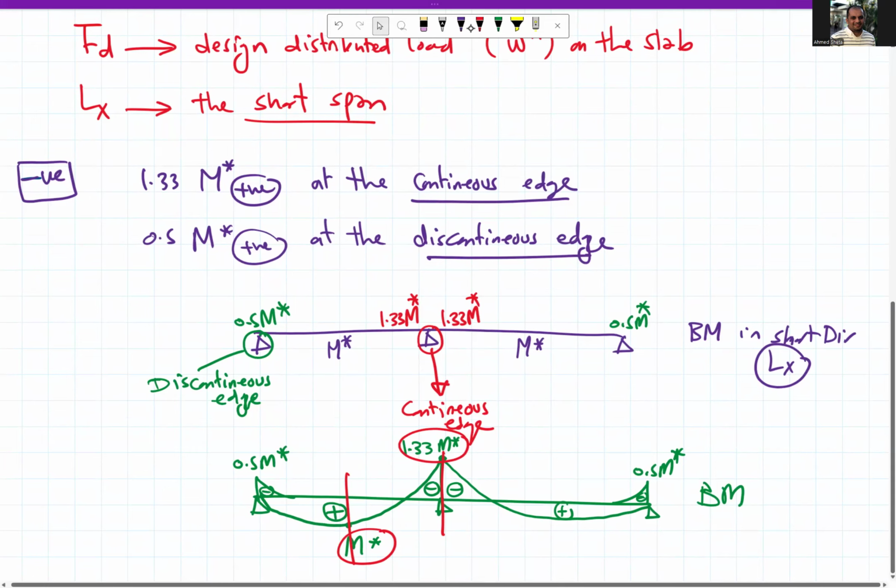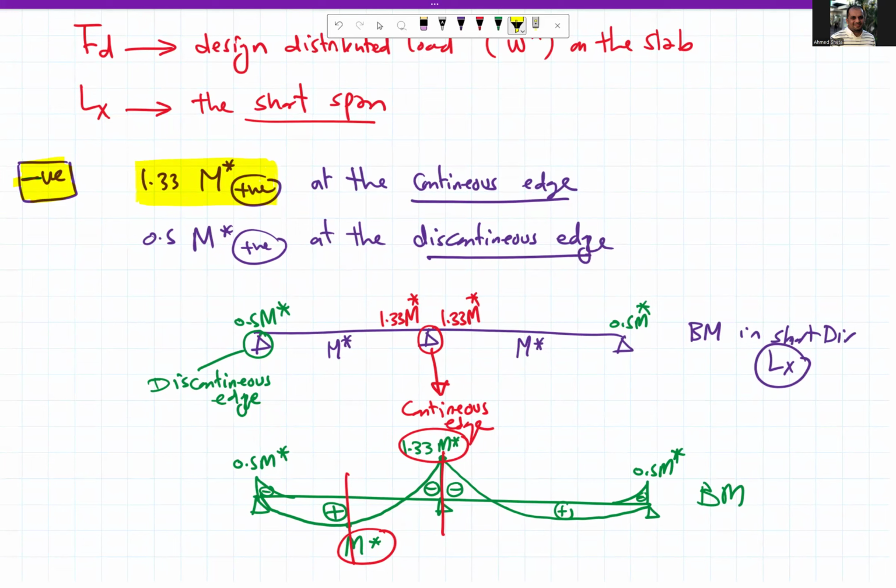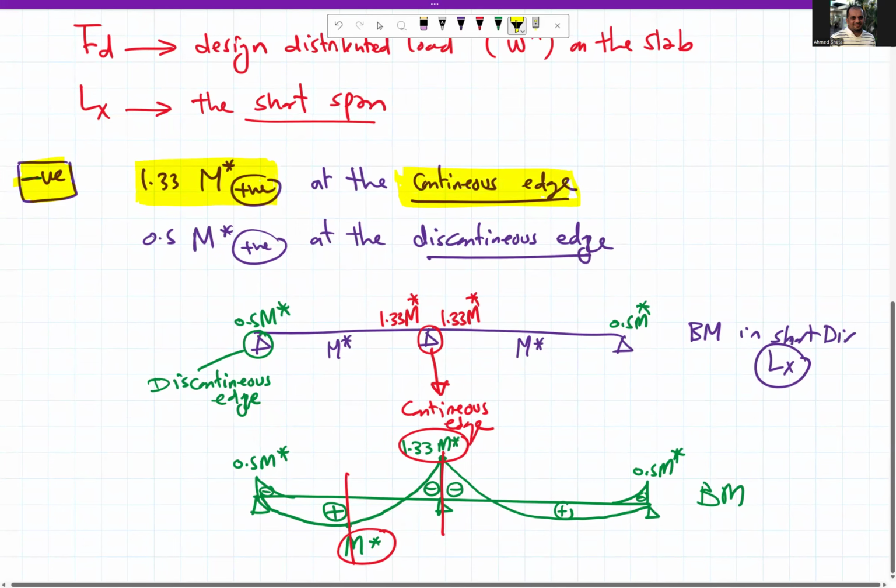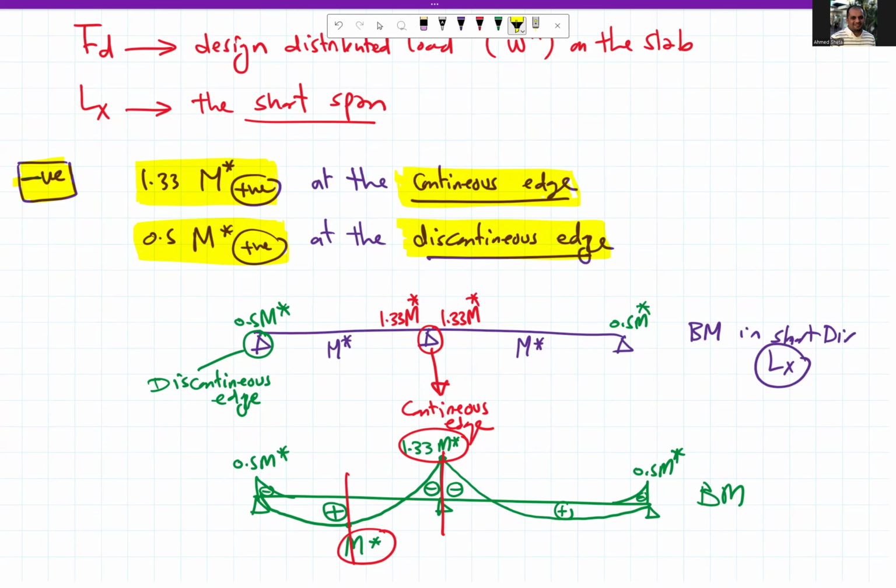From the standard, we found that the negative moment should be 1.33 M* positive in the bay we are calculating the moment for at the continuous edge, and 0.5 M* positive at the discontinuous edge. So we have two bending moments: 1.33 times M positive if we have a continuous edge, and 0.5 if we have a discontinuous edge. How to interpret these two values?